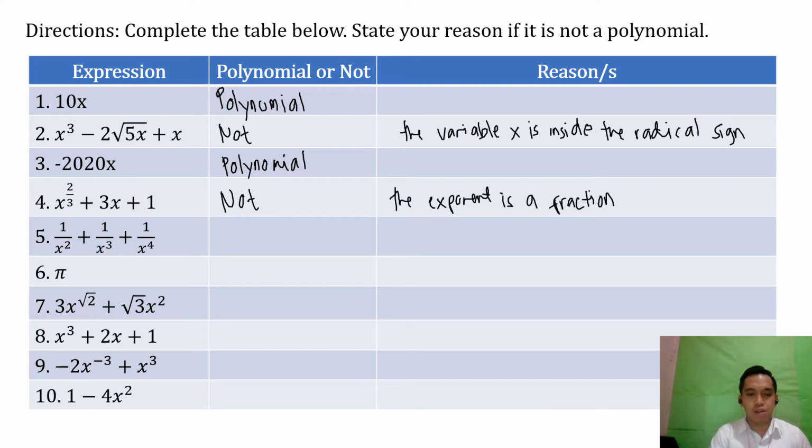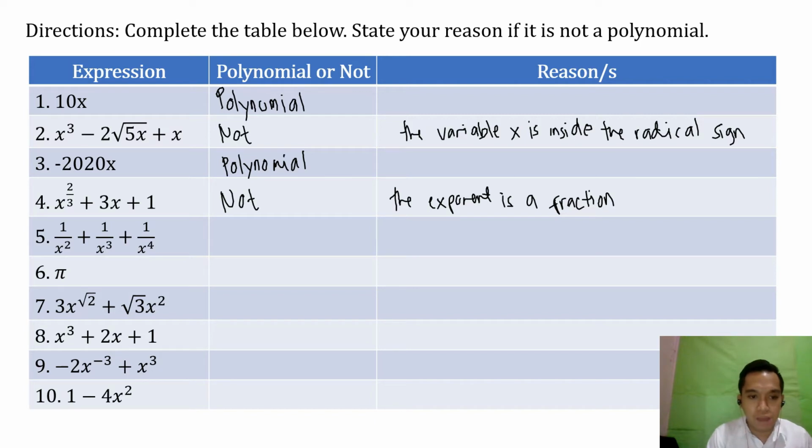It is a polynomial if the exponent is a whole number, a positive integer. Positive integer lamang ang ating exponent so that it is a polynomial expression. If hindi siya whole number or hindi siya positive integer, such as a fraction, hindi siya polynomial.